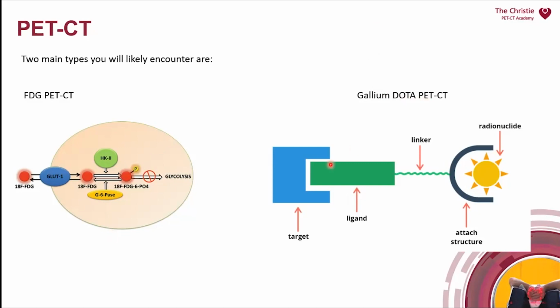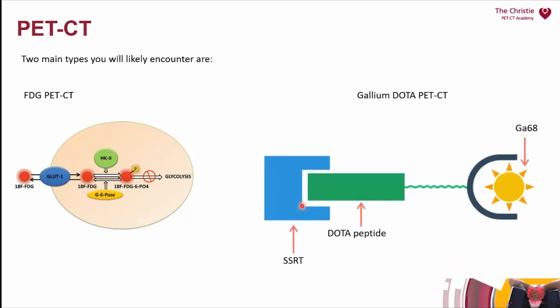Gallium PET-CT, instead of looking at glucose metabolism, looks at what we call a target. So it looks at a structure on the surface of the tumor cells. In the case of neuroendocrine tumors, it's looking for something called a somatostatin receptor, and that's something that is overexpressed.